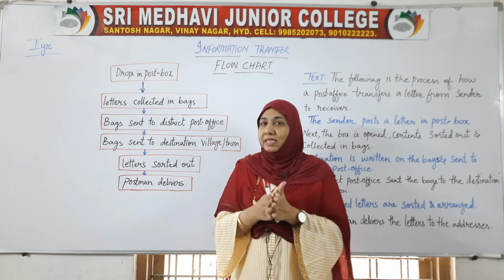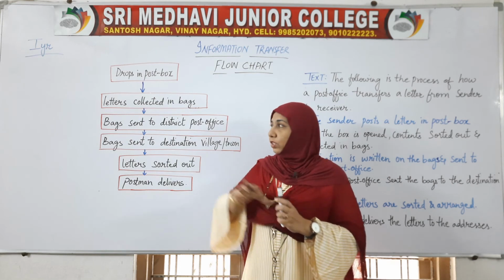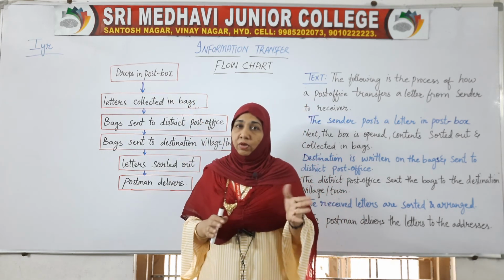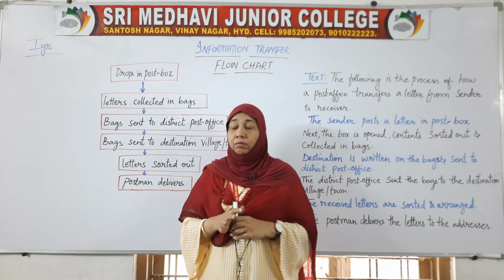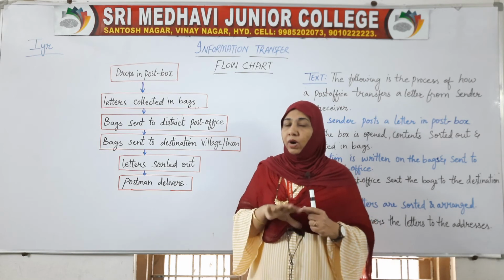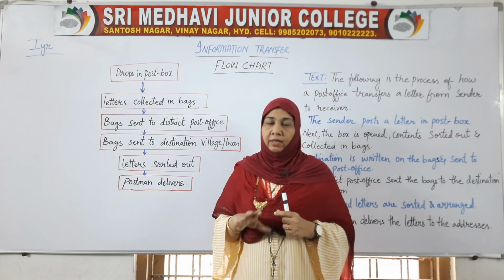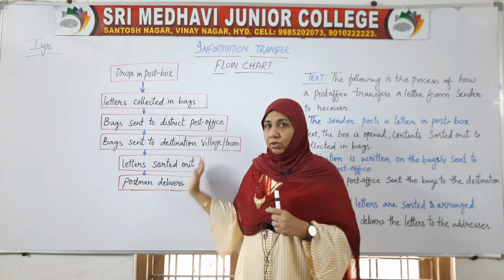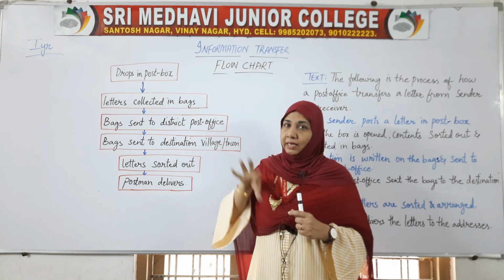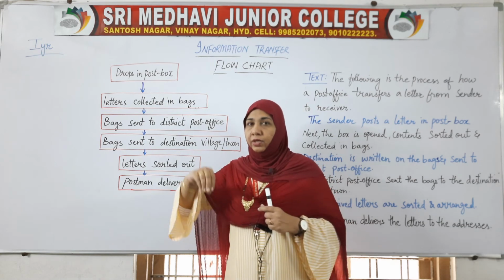Okay. So, this is the way which is followed, not only for letters but for everything we receive at home. So, behind every task there are certain people who are doing all the hard work.